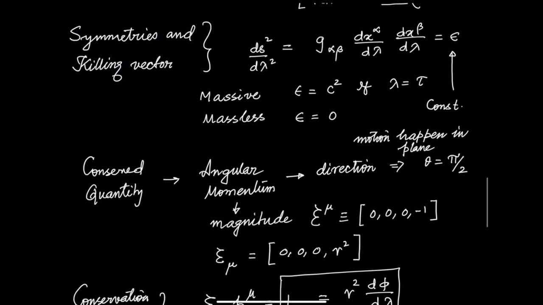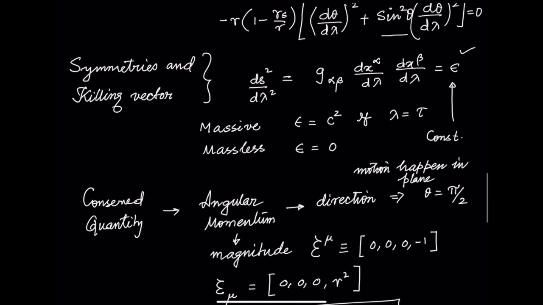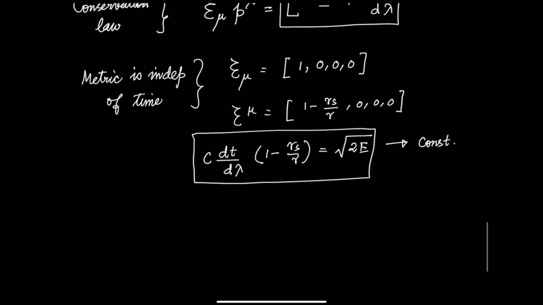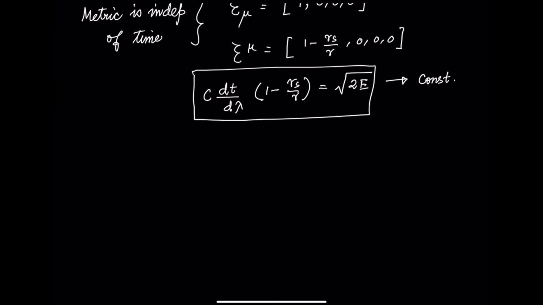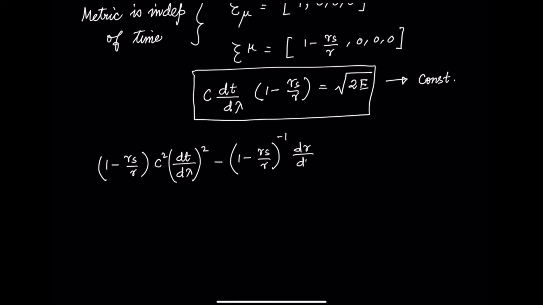We have this equation, which we'll now write explicitly, g00 dt d lambda, etc. So g00 is 1 minus rs by r, and then c square dt d lambda whole square, minus, since g11 is minus 1 minus rs by r inverse, d r d lambda squared.